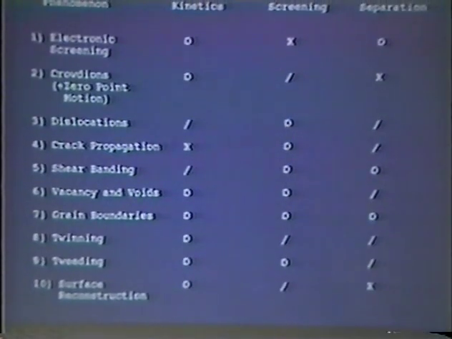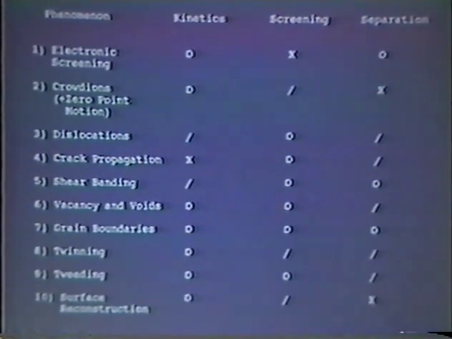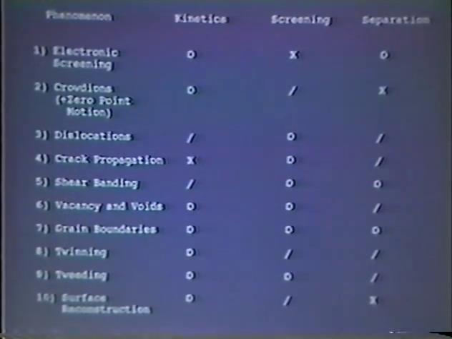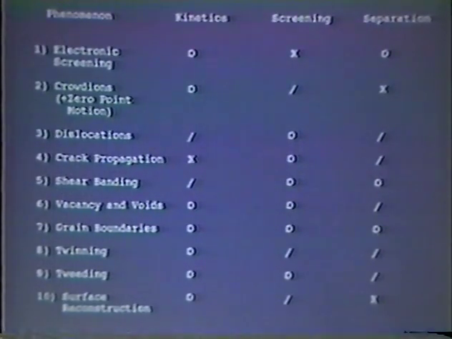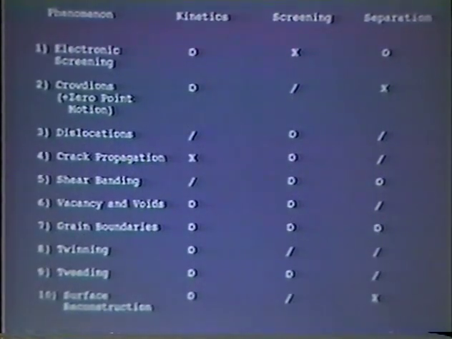I point attention to crack propagation, which I think will be discussed tomorrow by some Los Alamos workers, but maybe many others, and perhaps some of the other things where one has crowd ions, dislocations, things being pressed together by metallurgical or solid-state pressures with the point of view of enhanced fusion.